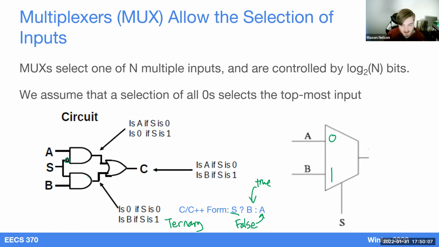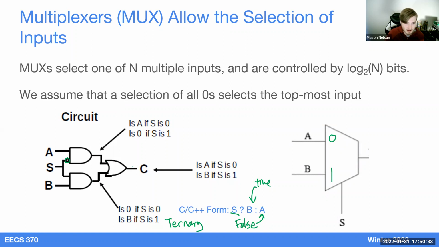So let's say that S is switching from 1 to 0. That change is going to be reflected in this bottom AND gate first. And so if S is switching from a 1 to a 0, the output of this AND gate will go from B to 0. And then that will be reflected in this OR gate, because this is still 0.